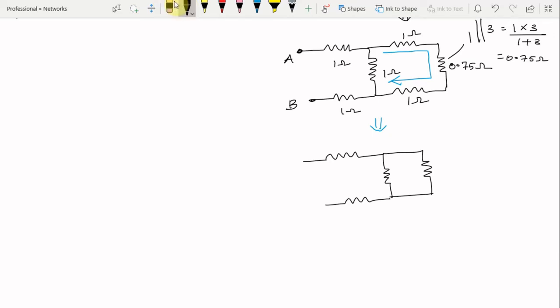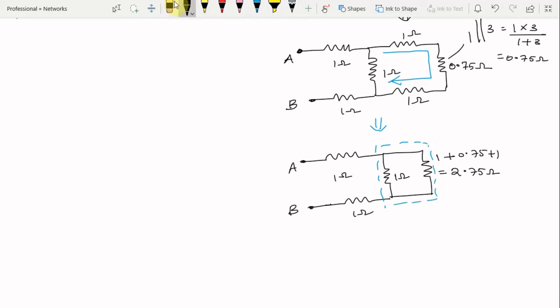All the other values are 1 ohm, 1 ohm resistor, 1 ohm resistor, here also a 1 ohm resistor, and here 1 plus 0.75 plus 1, which is equal to 2.75 ohms. Now again these two resistors are going to be connected in parallel.